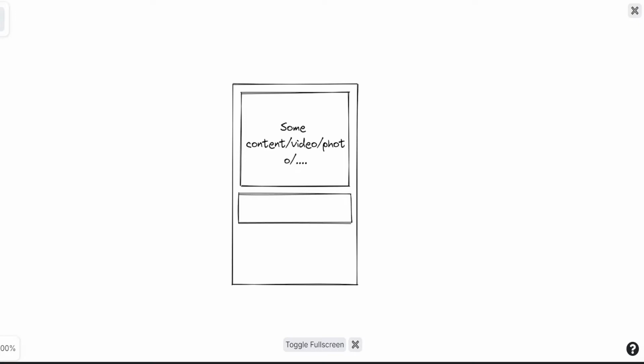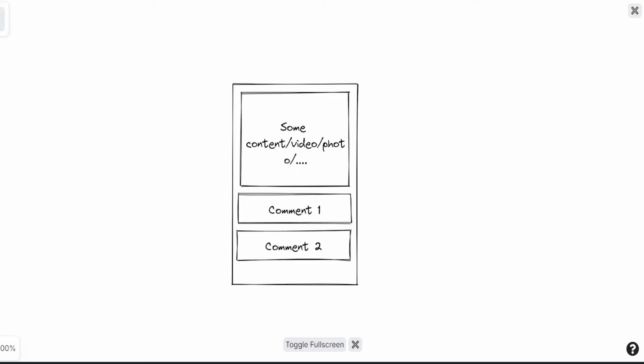And you have some content here, either video, photo, whatever. From time to time you will see comments below that photo.